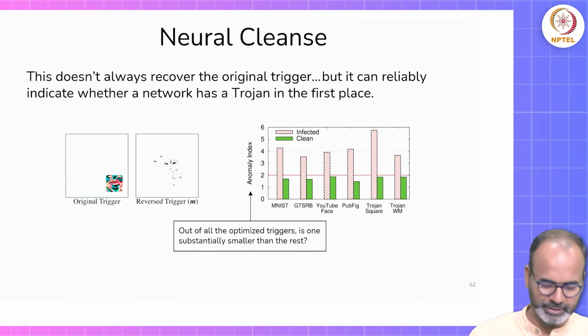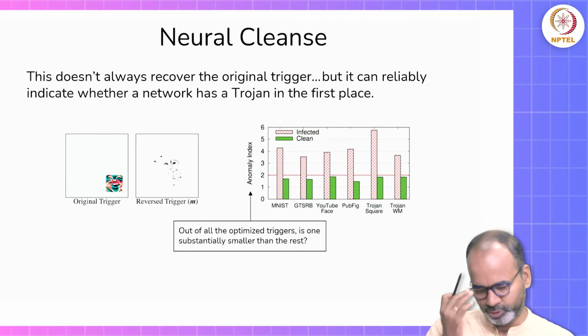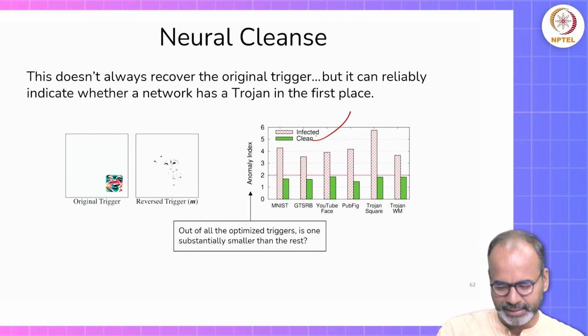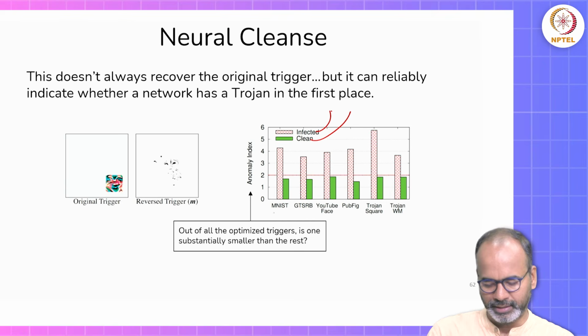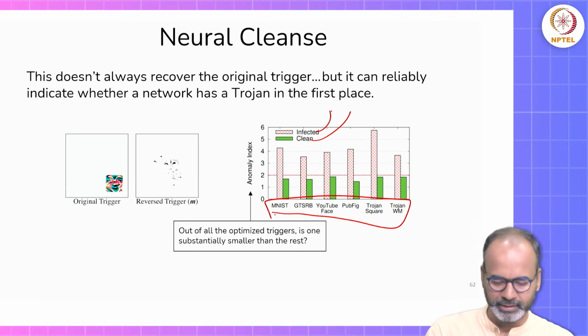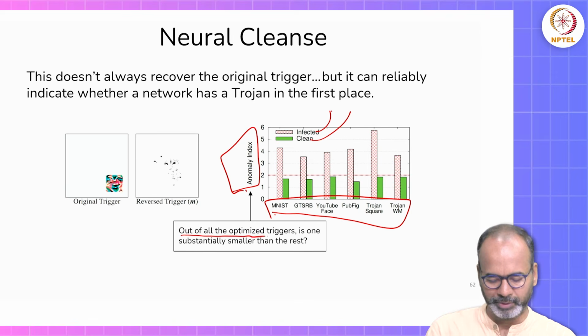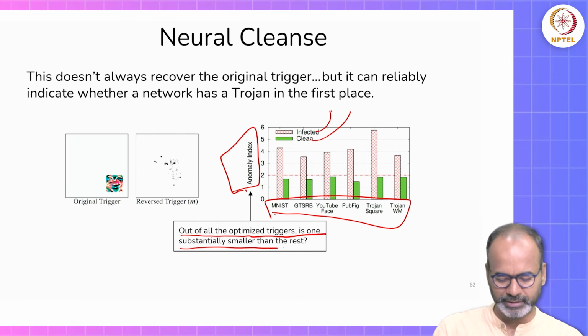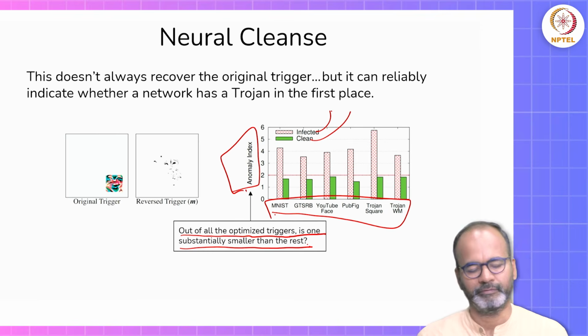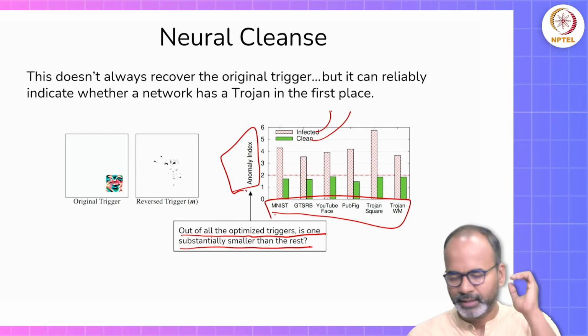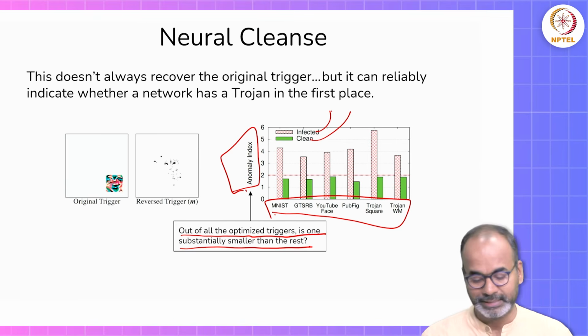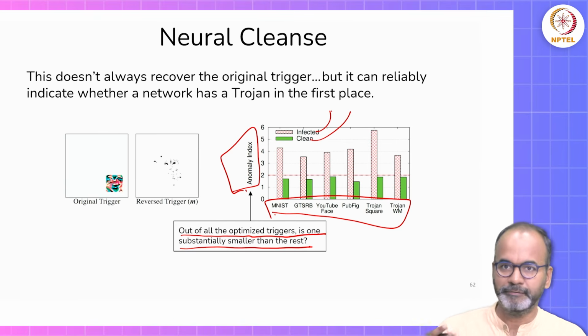People have done a large number of studies. Here is a graph just to show you clean datasets and infected, different datasets, right? This is the anomaly index. The anomaly index asks, out of all the optimized triggers, is one substantially smaller than the rest? If you identify that as an anomaly, you can say that different models have different anomaly indexes.